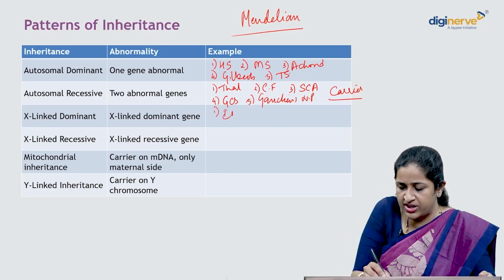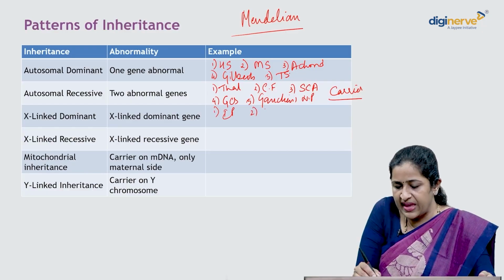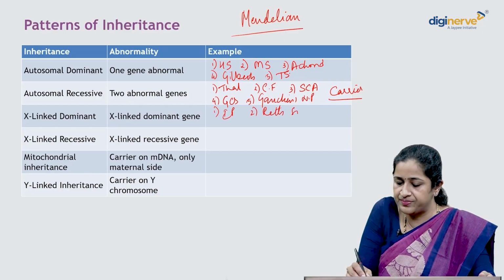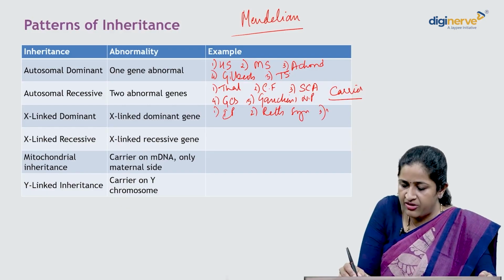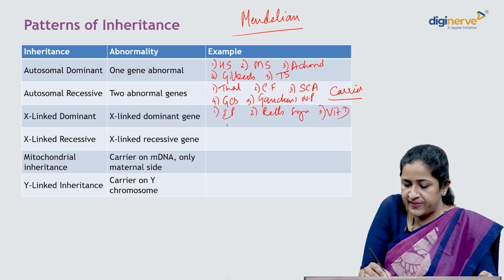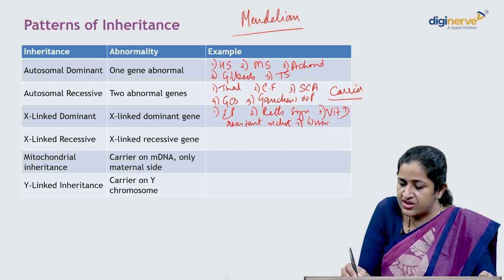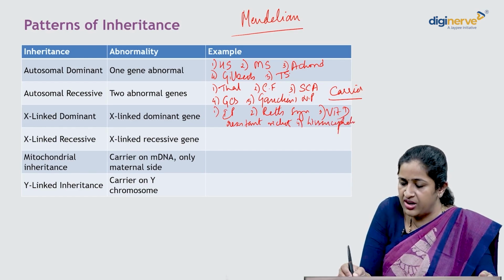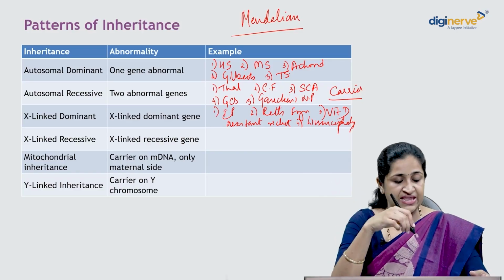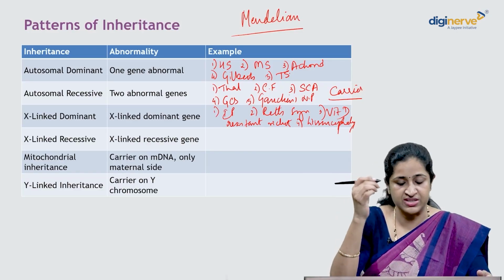We have incontinentia pigmenti, Rett syndrome, vitamin D resistant rickets, then the structural malformation of the brain called lissencephaly. These all are X-linked dominant conditions.